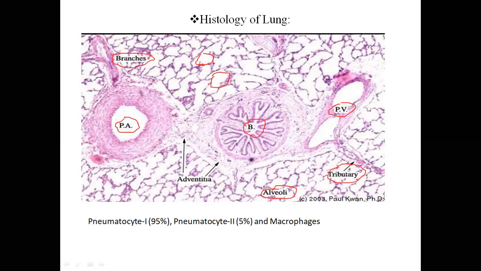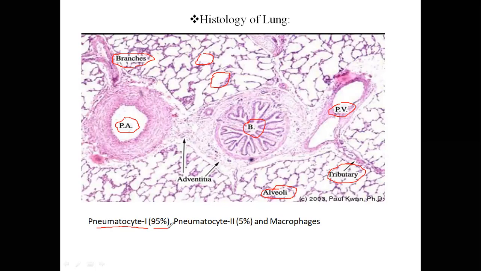So here at the bottom you can see the wall of the alveoli is made from different types of cells. The very first cell is pneumocyte type 1. This pneumocyte type 1 forms 95% of this wall. See here, I have written the percentage.